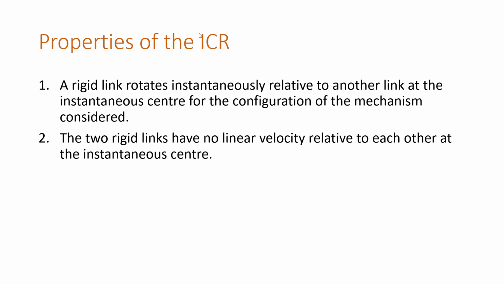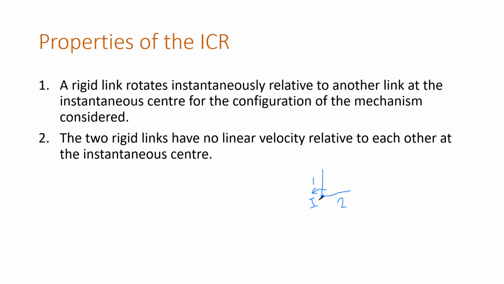So, for example, it is one link, say connected to another link at this point. This is link two. So I can find a point, the ICR, which will be at their pin connection. About this point, one link can turn or rotate about the second link.